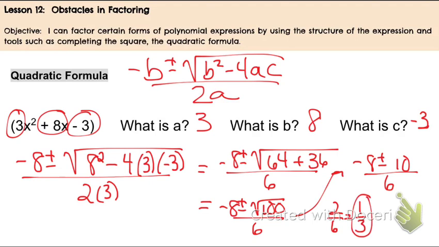And then negative 8 minus 10 is negative 18 over 6, which is -3. There's our other solution. And again, if you plugged those two equations into decimals or into a graphing calculator, you would see that those are the values of x where the graph hits the axis.